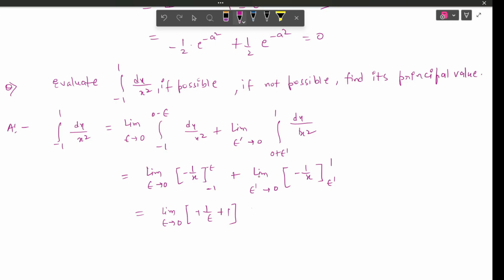And here we have epsilon prime tends to 0, it would be minus 1 by 1, that is minus 1, and minus minus plus because of minus the lower limit, so this would be 1 by epsilon prime.